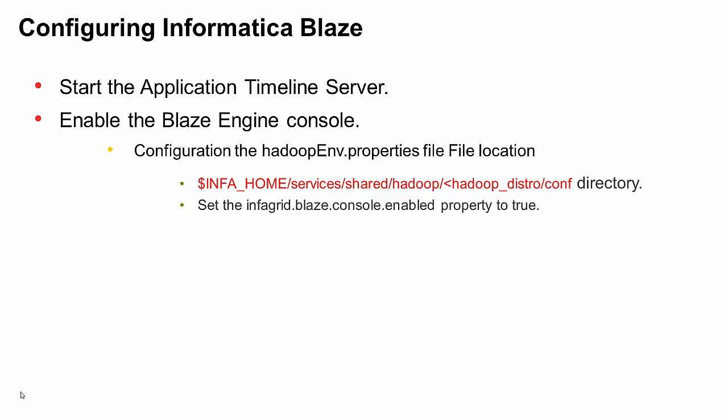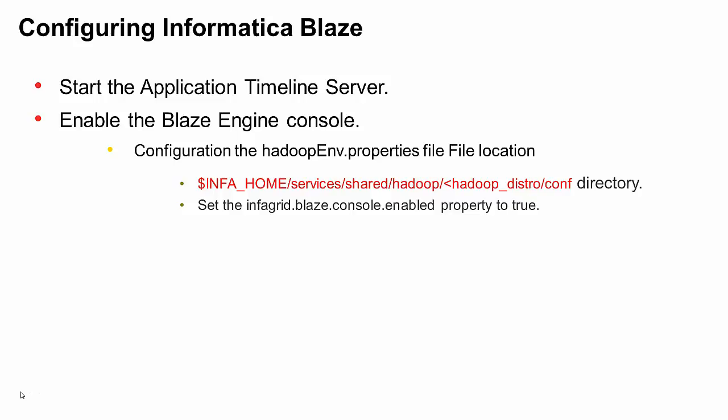And then to enable Blaze, I mentioned the Hadoop env properties file. If you go to the env properties file in the shared directory, there's a property for InfraGrid Blaze console enabled. Set that to true and save the file, and then you're done. Then you're good to go to use Blaze, right?